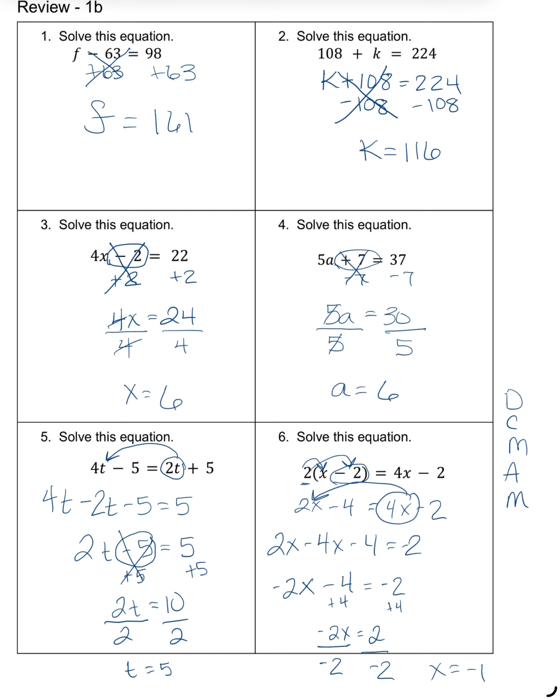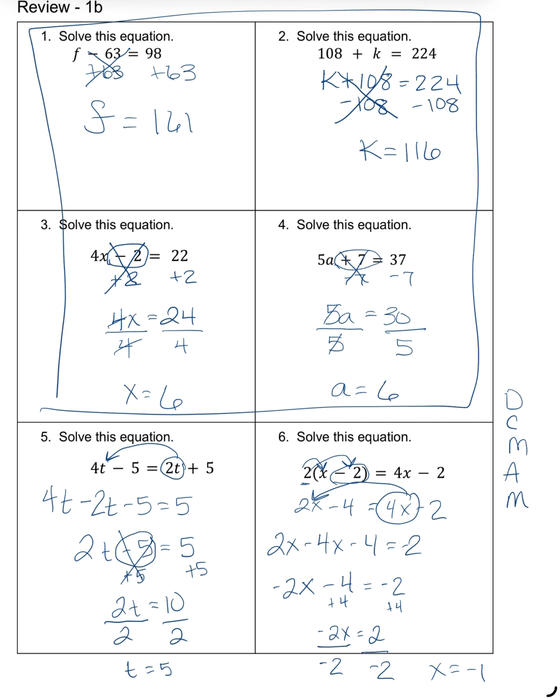The multi-step equations are there a little bit, but not as much as the one and two steps. So keep focusing in here and making sure you become pros at those one and two-step equations, and then keep working on the multi-steps and you'll get there. I'm here if you need me.